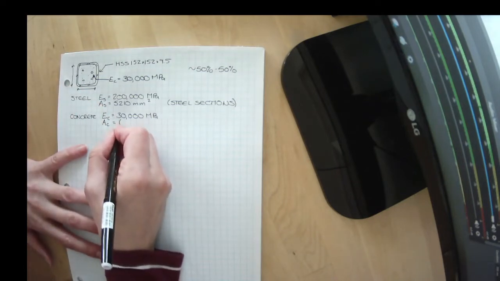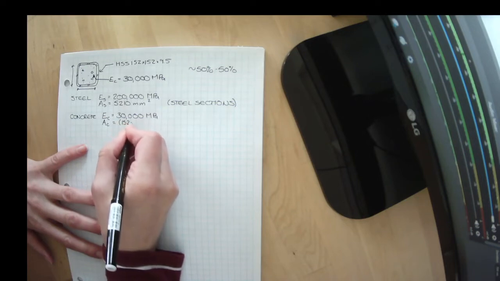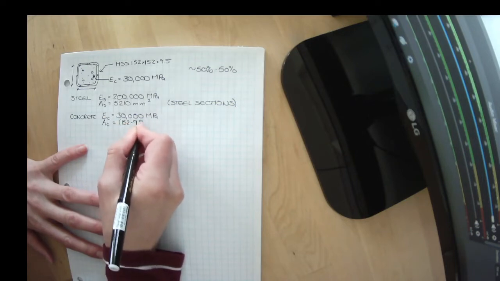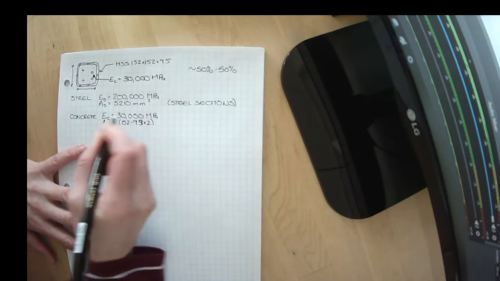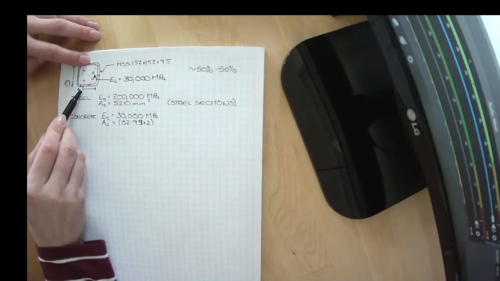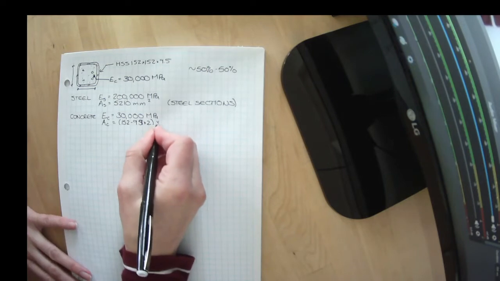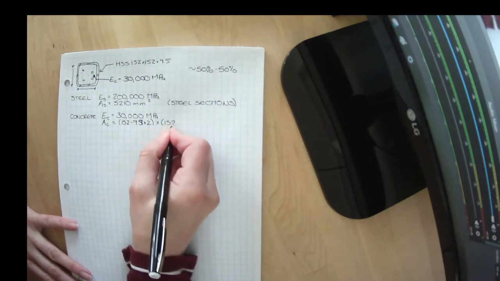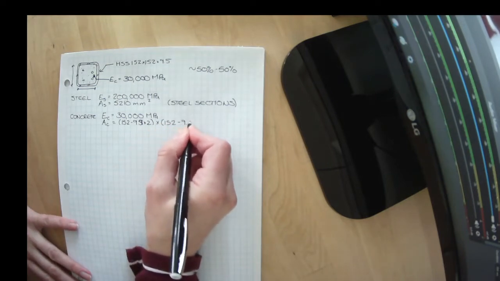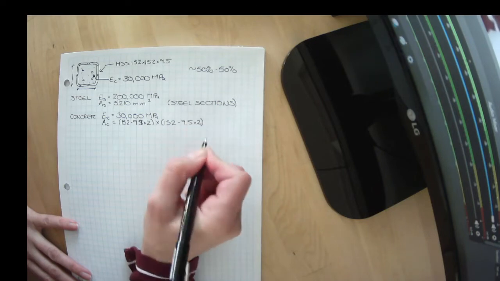Or, essentially, 152 minus 9.5 times 2. So this dimension is 152 minus 9.5 minus 9.5, which is 152 minus 9.5 times 2.